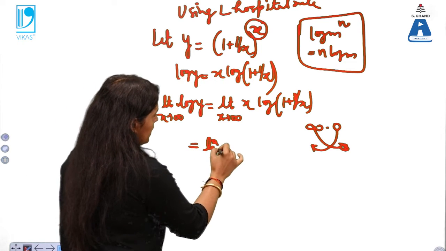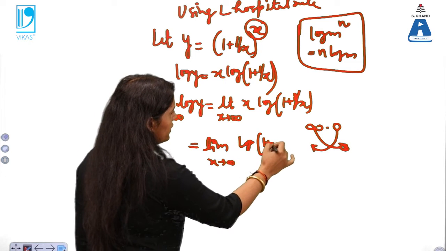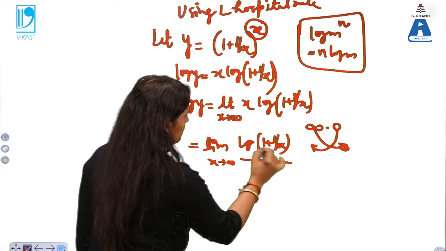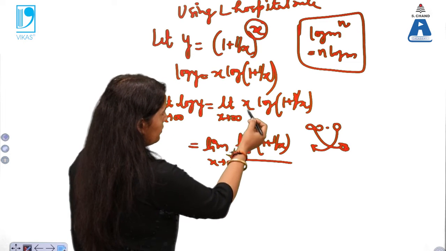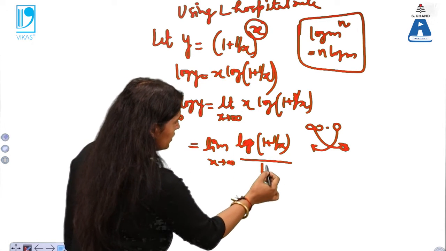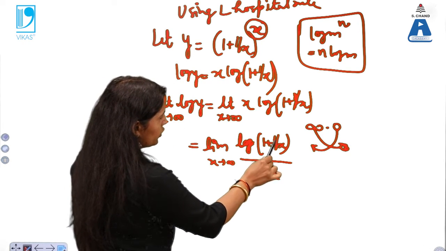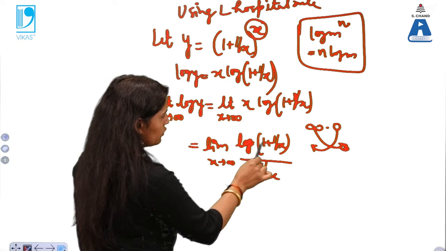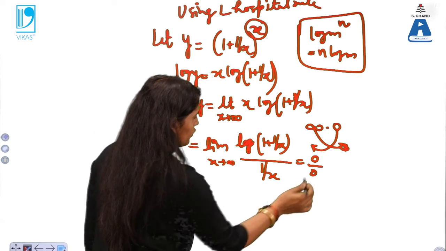I am keeping log in the numerator because otherwise the derivative will be difficult, as the log function derivative becomes complicated. I am taking this x in the denominator. Now see which form it is. Infinity, when you are substituting, 1 by infinity is 0, so log 1 is 0, and now it is 0 by 0 form.